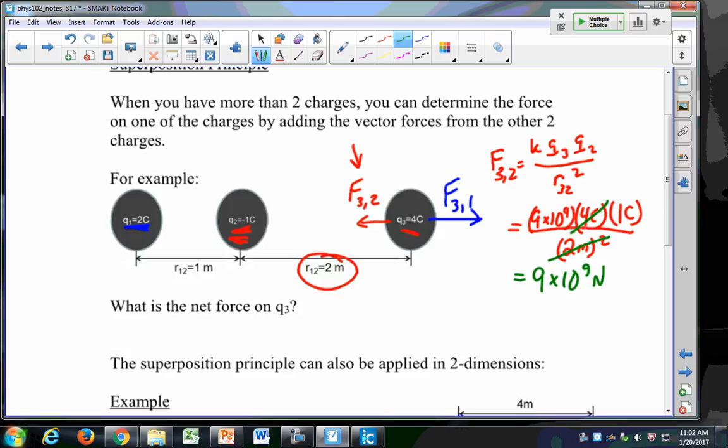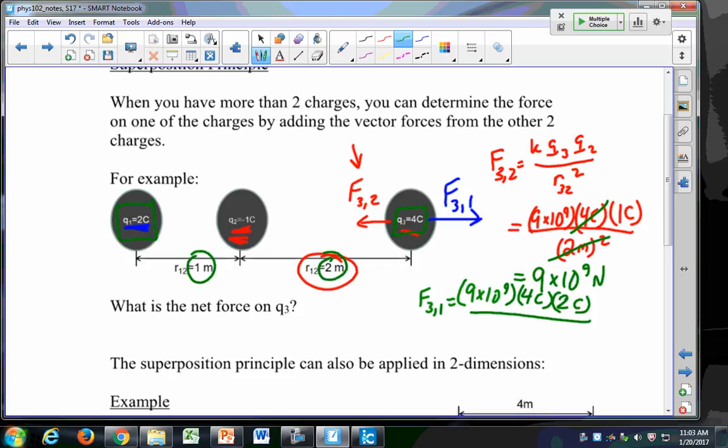Okay? And then we do the same for F31. That's going to be 9 times 10 to the 9th. That's K, that's my K value. Q3 is 4 coulombs. Q1 is 2 coulombs. And then the distance, what is the distance between Q3 and Q1? Well, here's Q3. Here's Q1. I have 1 meter.